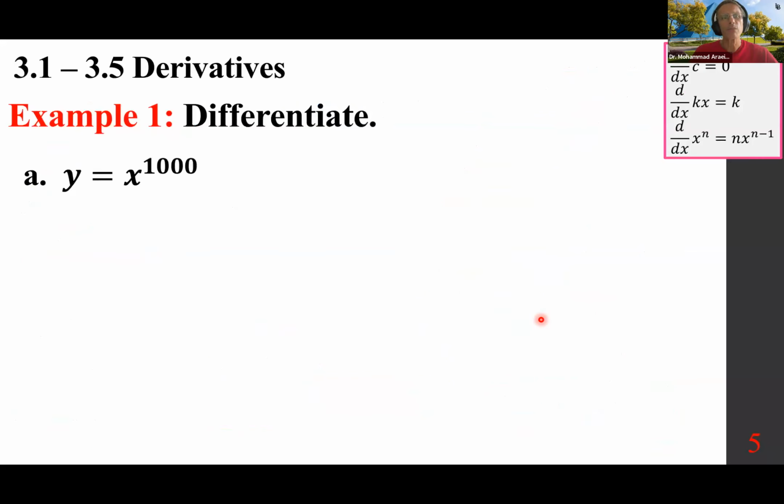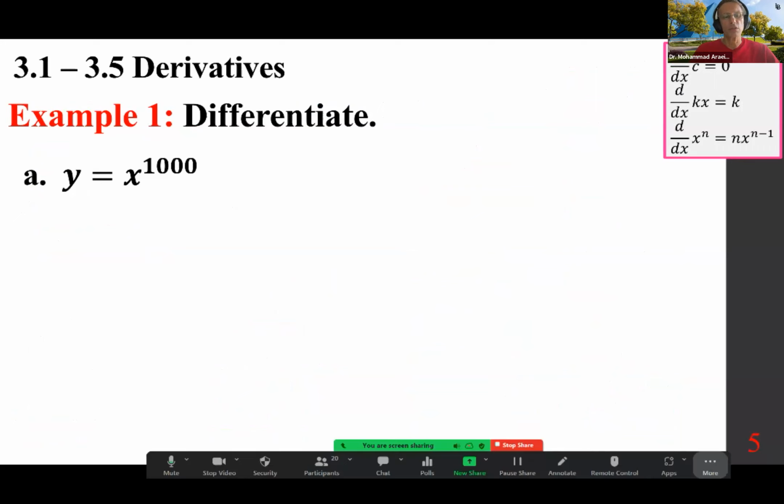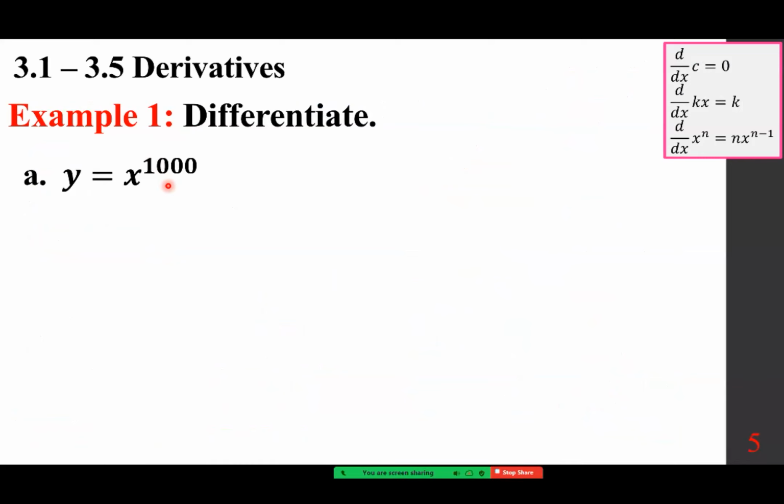So for now, let's stick with easy formulas, everybody, starting with the following. y equals x to the power of 1000. And I want you to pay attention to this formula. The power rule, everybody.